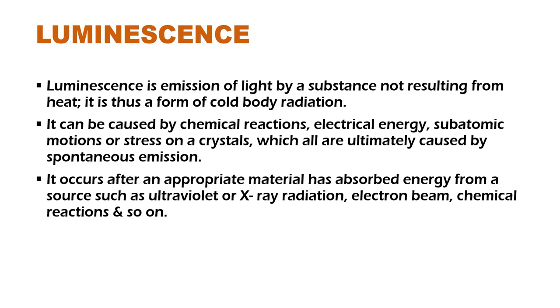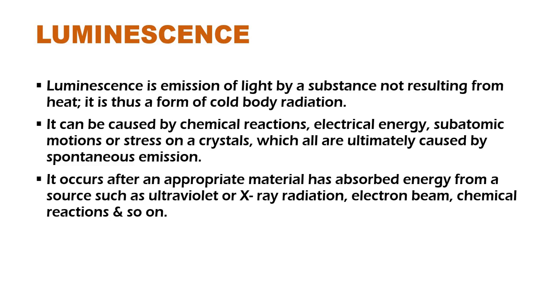In all these phenomena, light emission does not result from the material being above room temperature, and so luminescence is often called cold light. Luminescence emission occurs after an appropriate material has absorbed energy from a source such as ultraviolet or X-ray radiation, electron beam, chemical reactions, and so on.